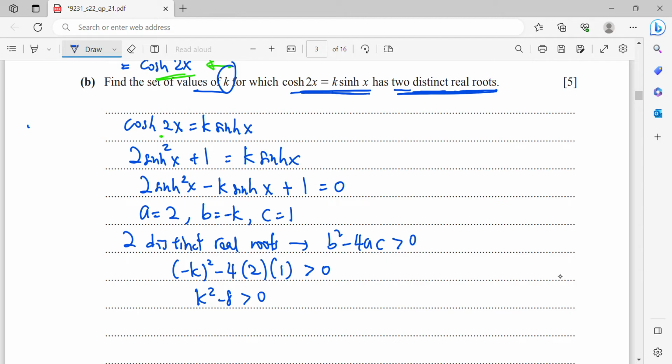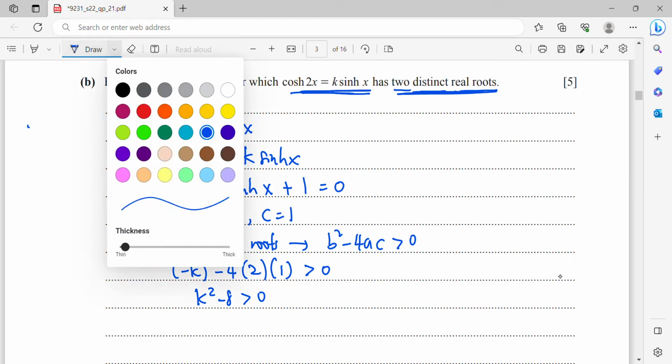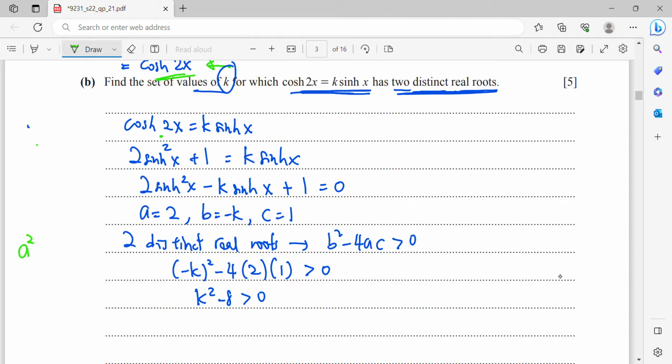Okay, so when you need to solve this inequality, we need to change to difference of two squares, so that I can factorize it. So a squared minus b squared is a minus b times a plus b. That means the 8 must be changed to square of a number. So the easiest way is k squared minus square of square root 8, more than 0.